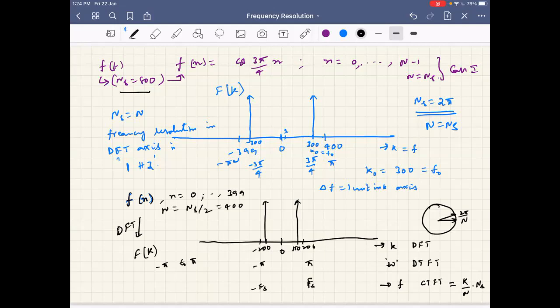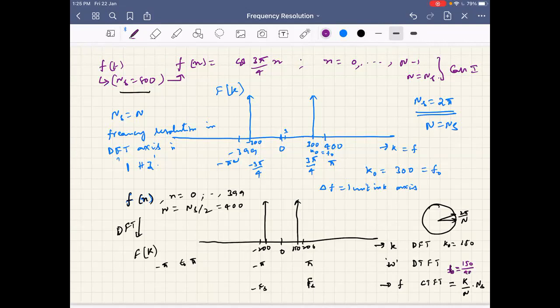Here it's at 150. 150 is say K naught here, and then F naught, if I want to see it by this rule, what is F naught? F naught by this rule is equal to K naught by N into Ns. That is how much?